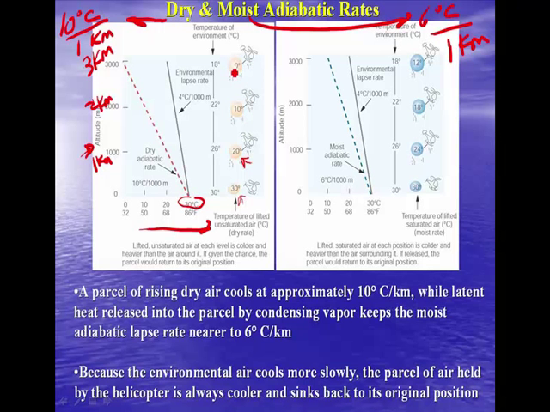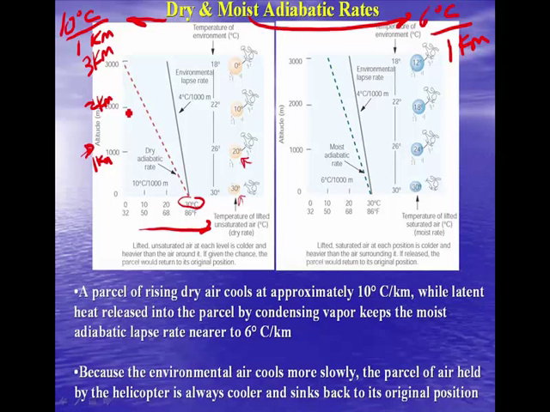So as the balloon, or this air parcel, went from the surface up to 3 kilometers, the temperature decreased by 30 degrees. In other words, it changed by 10 degrees Celsius per kilometer. And that is represented here graphically as the dry adiabatic rate. This is a line that went from 30 degrees Celsius at the surface and going all the way up to 3 kilometers goes to 0.